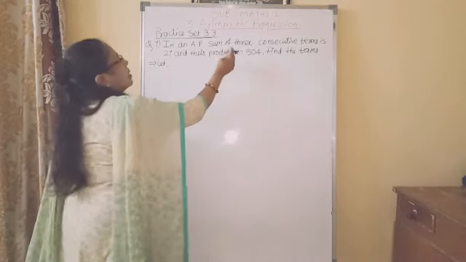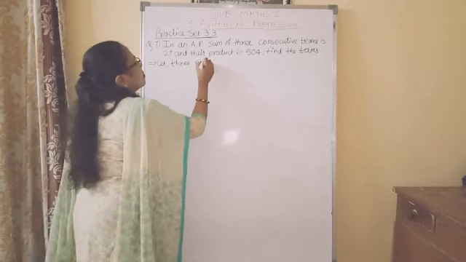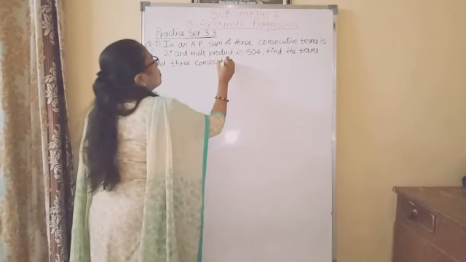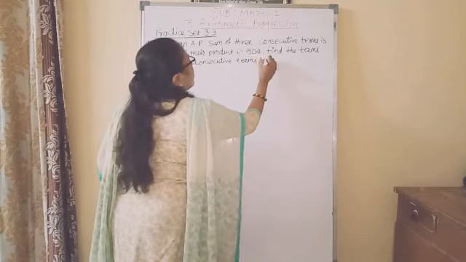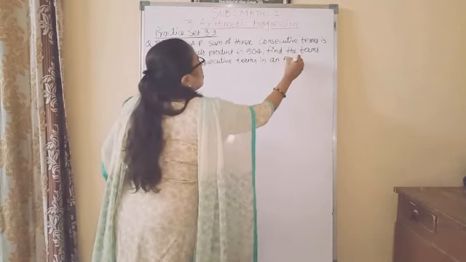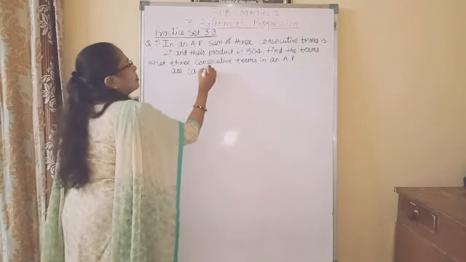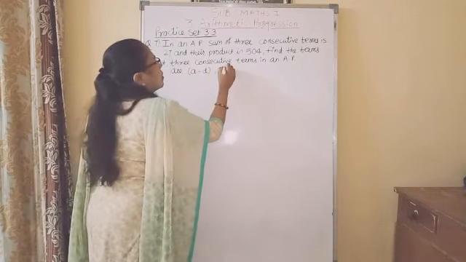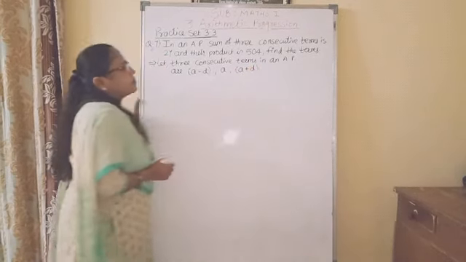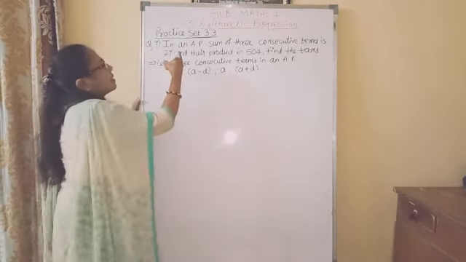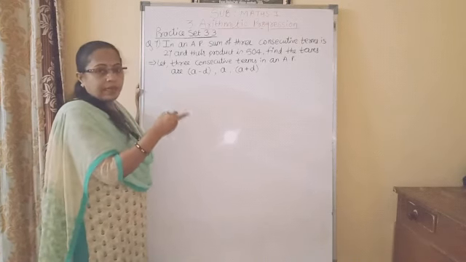Let 3 consecutive terms in an AP be A minus D, this is the first term, A, second term, A plus D. Now here in the question, there are 2 conditions given, like a linear equation in 2 variables.